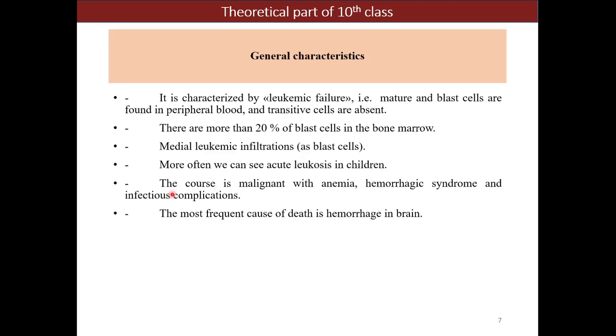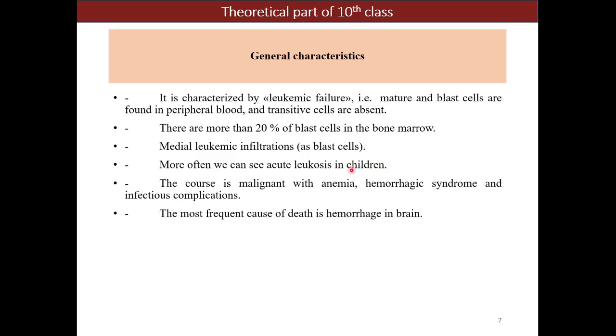More often we can see acute leukosis in children, unfortunately. Acute leukosis is more malignant and leads much faster to the death of a patient. The course is malignant with anemia, hemorrhagic syndrome, and infectious complications.